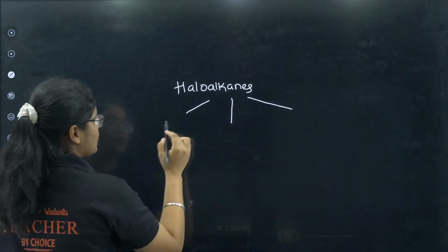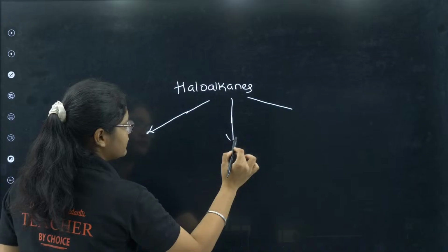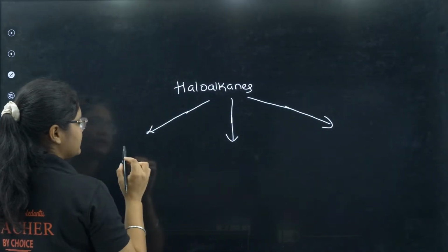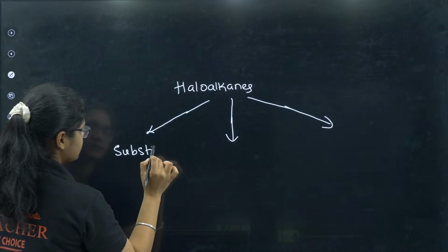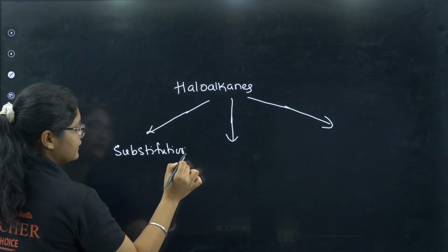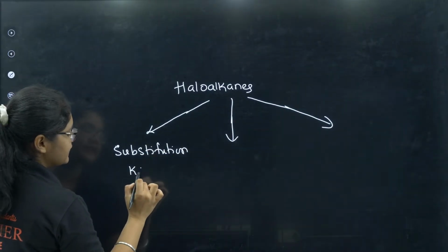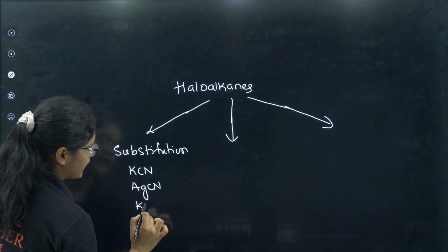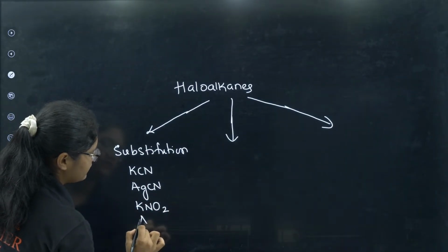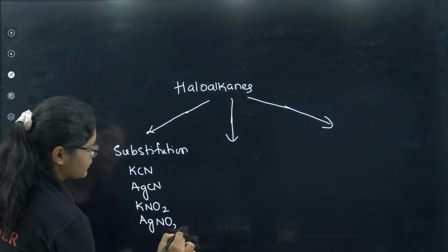Can you tell me what was the first reaction that we discussed under haloalkanes? Substitution reaction, right? Under that, what you have to remember? KCN, AgCN, right? Then KNO2 and AgNO2, right?